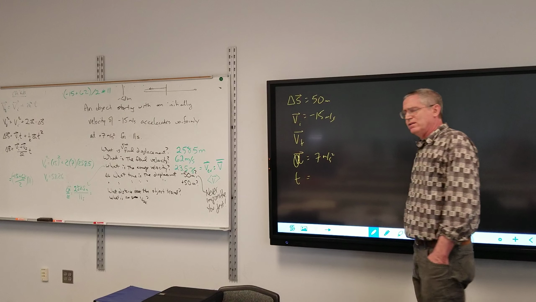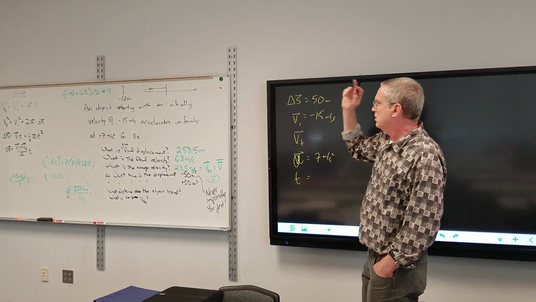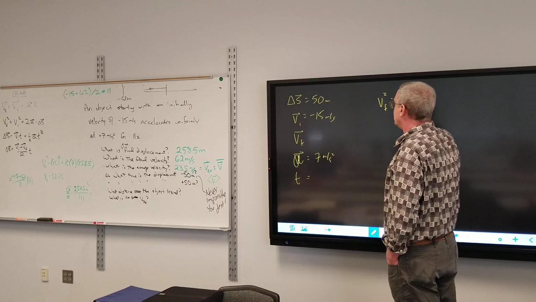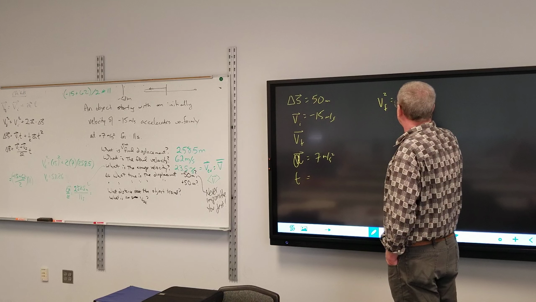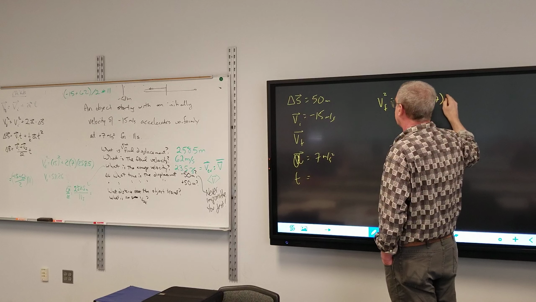All right, so let's again do the 2 approaches. We'll solve for Vf first using the second equation. Vf squared is equal to 15 squared plus 2 times 7 times 50.